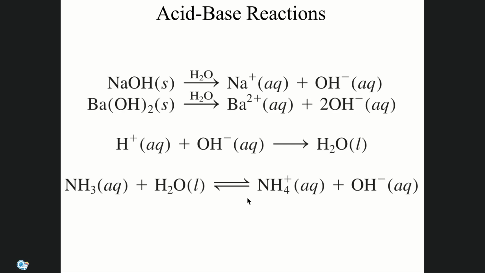The most commonly used strong base in the laboratory is sodium hydroxide. It's cheap and soluble. The most commonly used weak base is the aqueous ammonia solution, which is sometimes erroneously called ammonium hydroxide. There is no evidence that the species ammonium hydroxide actually exists other than the NH4 plus and OH minus ions in solution.